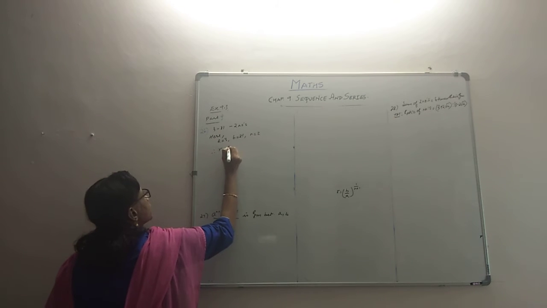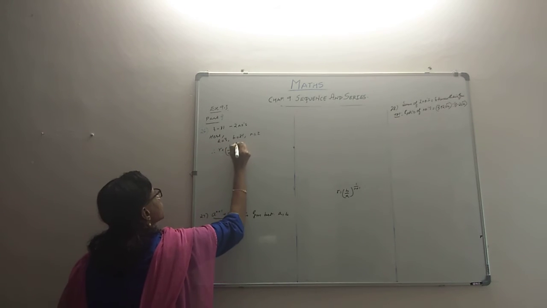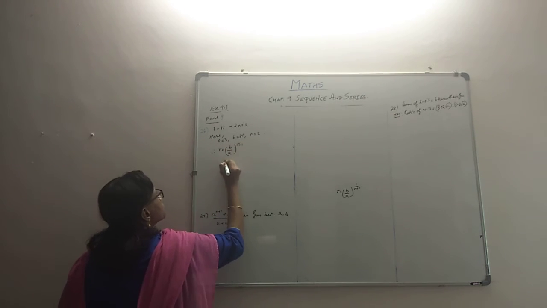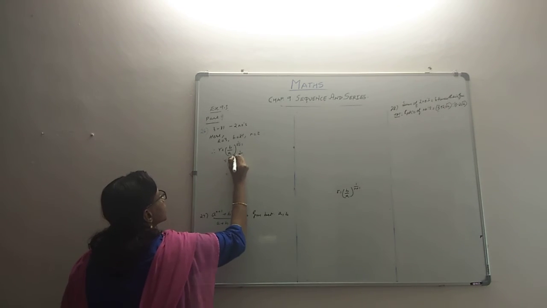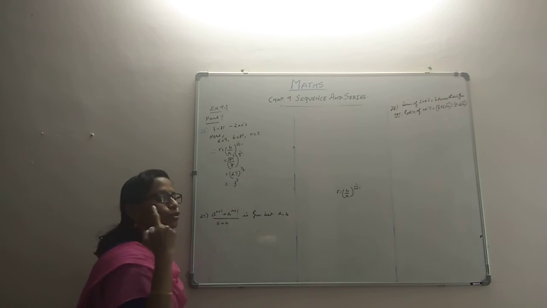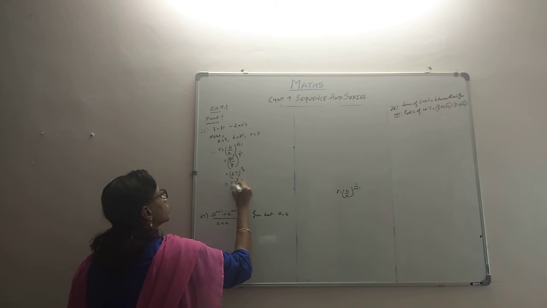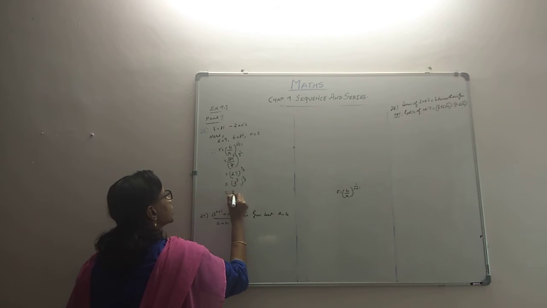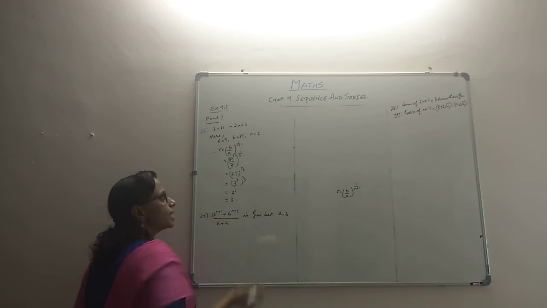Therefore R by formula is B by A whole raised to 1 by n plus 1, which means 81 by 3 whole raised to 1 by 2 plus 1, which is 3. So this is 27. So it is a third root of 27. But 27 is 3 cubed, 3 into 3 into 3. So if you take it like this, it will come to 3 raised to 1, which is 3. So you get the R value.